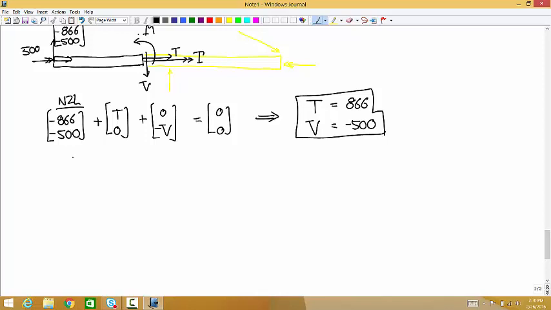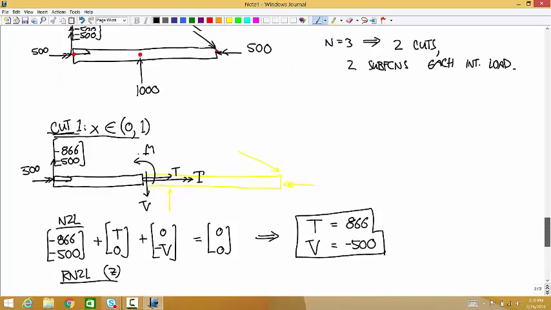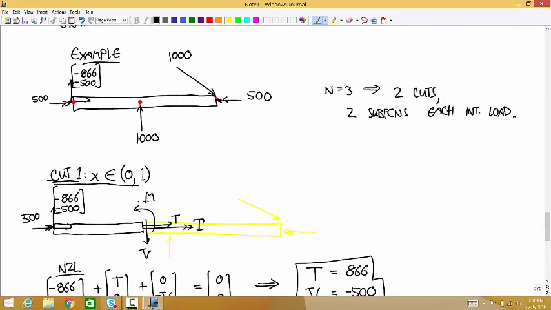And now let's think about the moments about the z-axis. And remember, I'm putting the coordinate system over here.